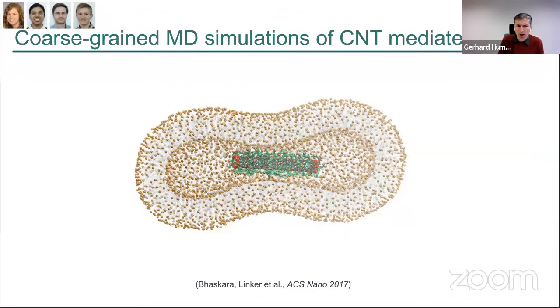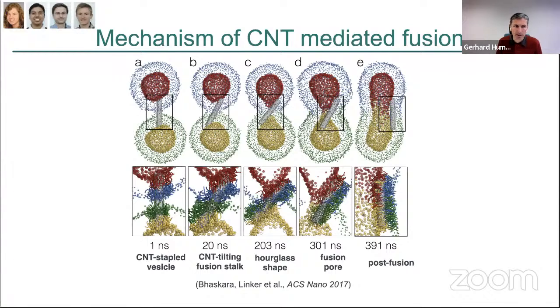Here you see snapshots along this process as seen in the simulations by Stephanie Linker, where an important part is that the carbon nanotube pulls the vesicles together and tilts, and over this few hundred nanosecond time scale, fusion happens by establishing contact between the tails of the inner leaflet lipids, shown here in gold and red.